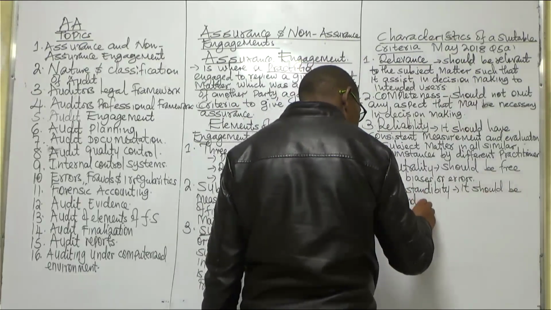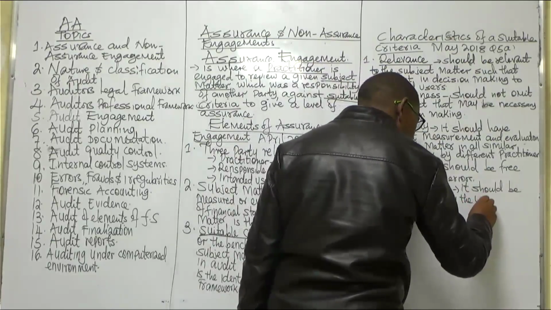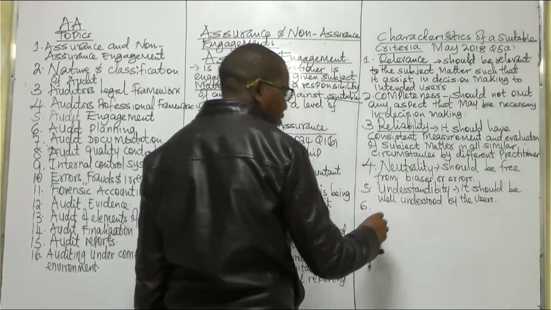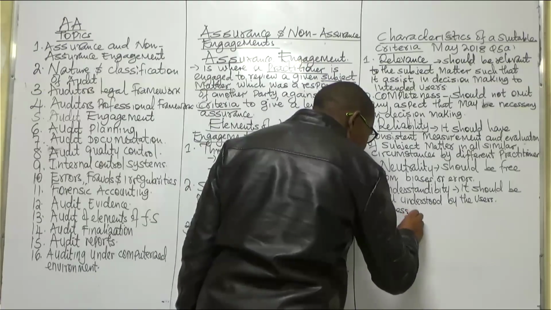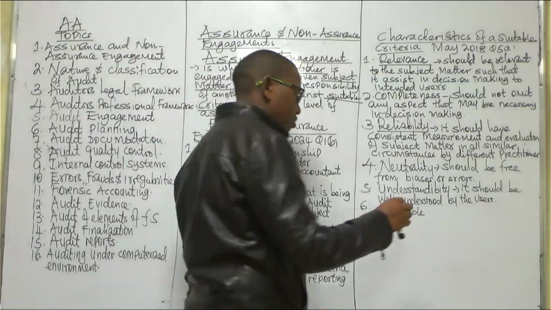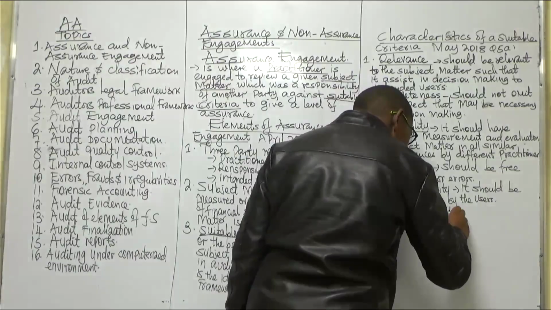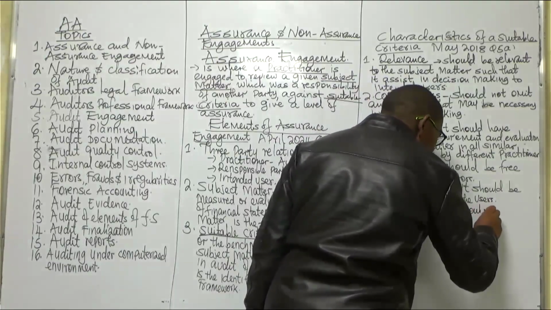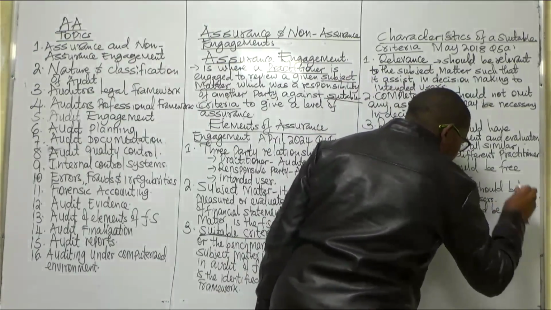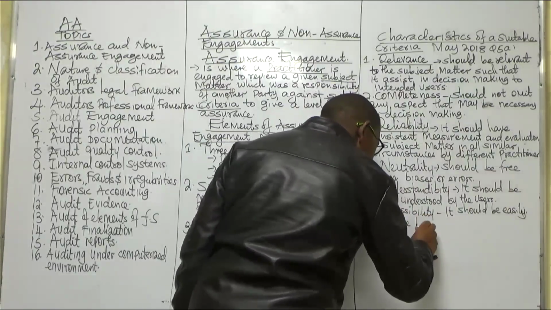And number six, we can also talk about accessibility. It should be easily accessible to the users, or by the intended users.